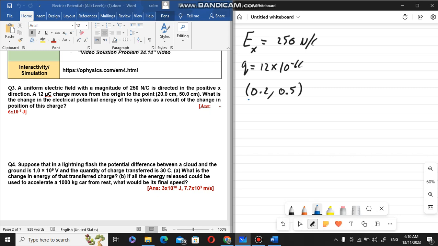Keep in mind that in coordinates the first one is always x, the second one is always y. So we take the x displacement since we have the electric field on x, so we say that dx is equal to 0.2 meters.